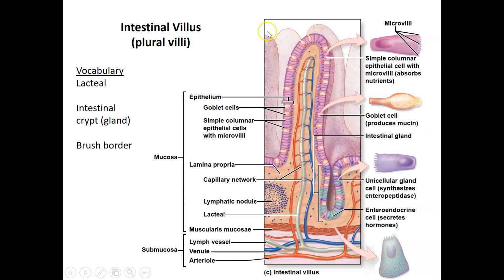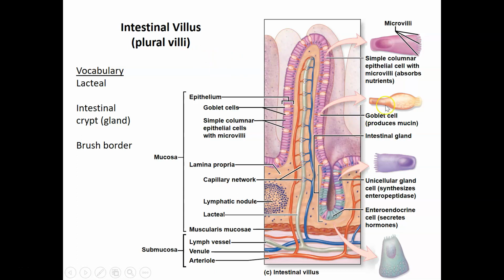All of the other materials that are absorbed, breakdown products of proteins, of carbohydrates, of nucleic acids, will be absorbed into the blood capillaries and enter into the bloodstream. Okay, so two pathways. Lipids get absorbed into the lymphatic capillary, the lacteal, and all other materials get absorbed into the blood capillaries.